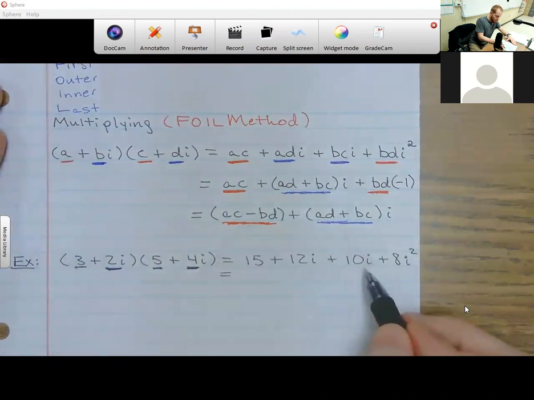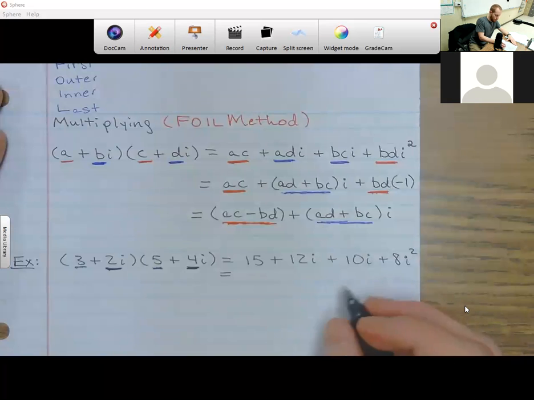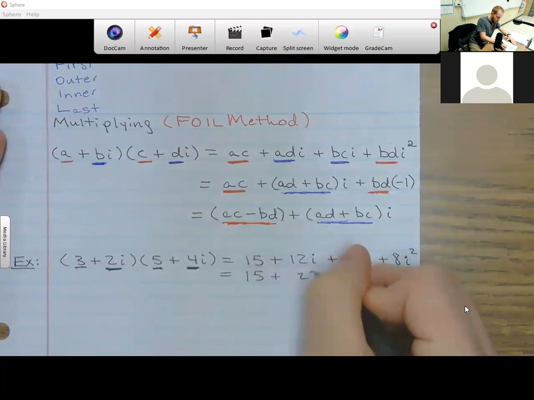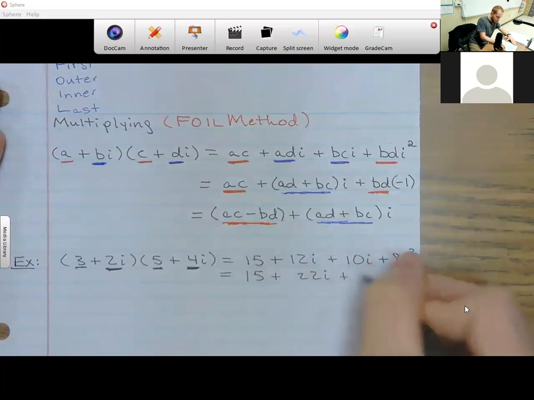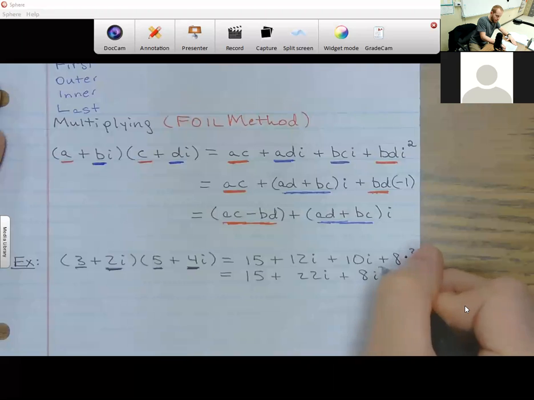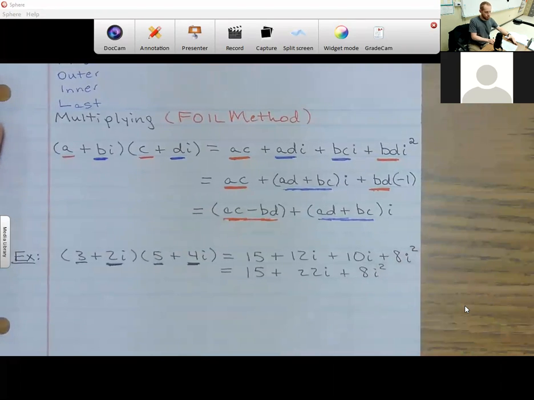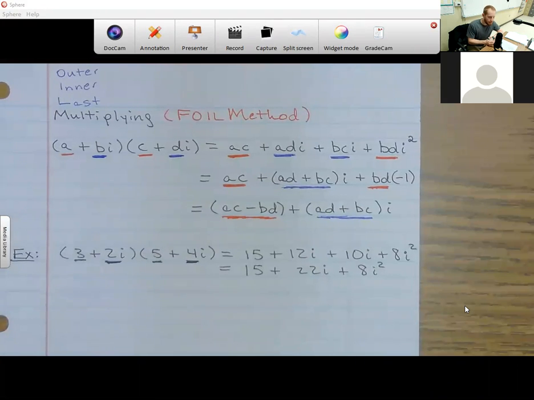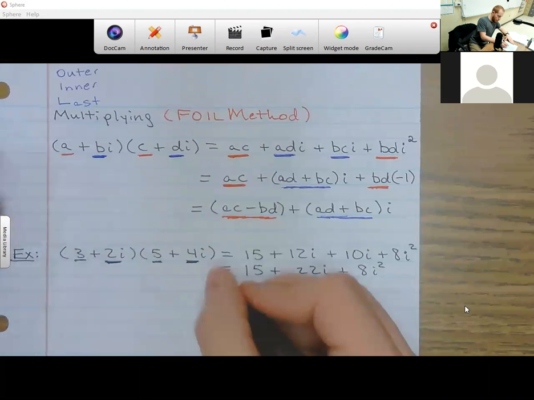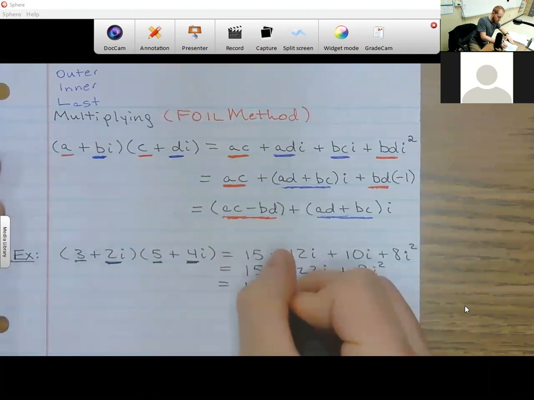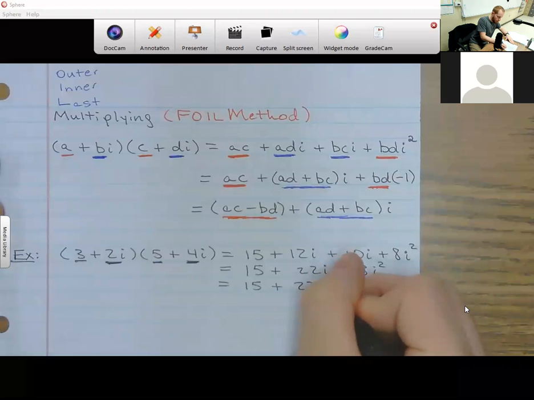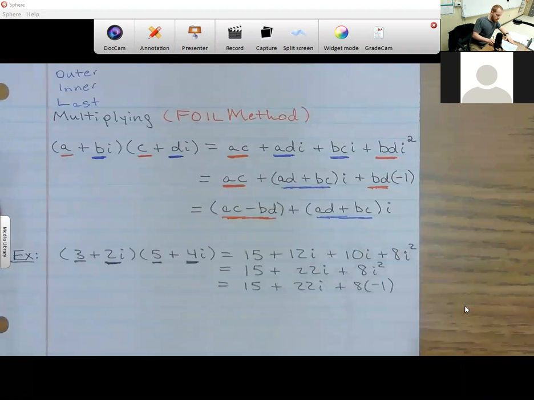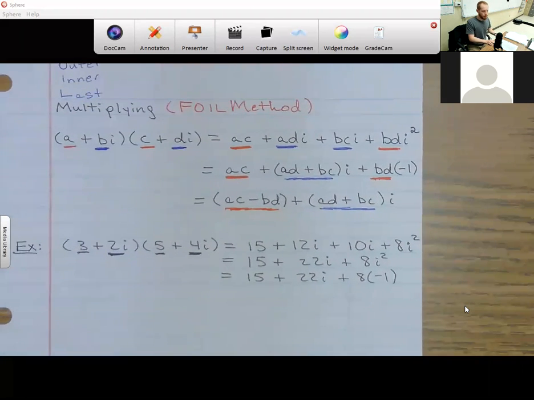The 12i and the 10i, that's going to become a 22i, right? So 22i, and then plus 8i squared at the end, okay? I know that i squared is -1, so I can replace an i squared with a -1 whenever I want. I replace that with a -1.